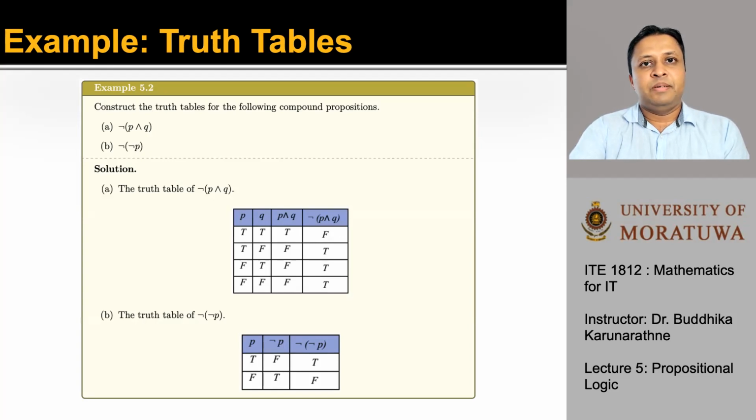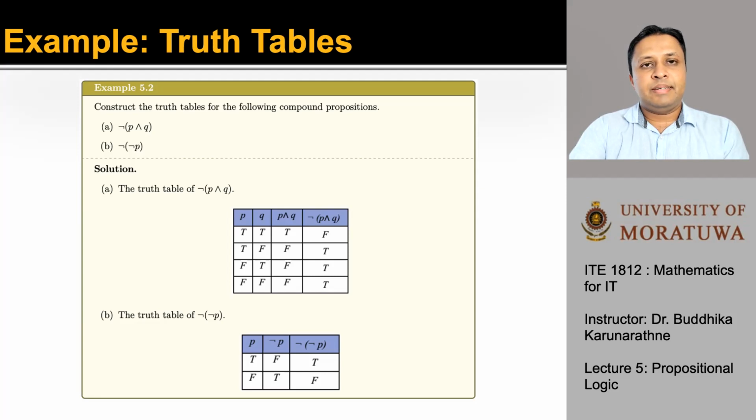And then you have P conjunction Q. You can get that from the previous example. And then you negate them. So for P conjunction Q, you have true, then negation of that is false. So you basically interchange the values to get the truth table for negation of P conjunction Q.